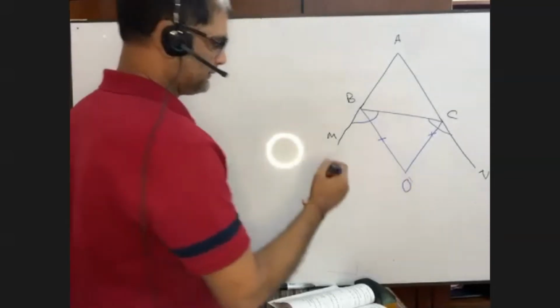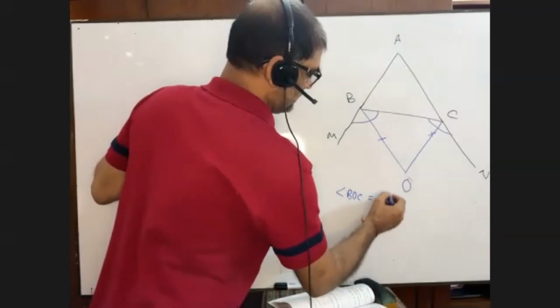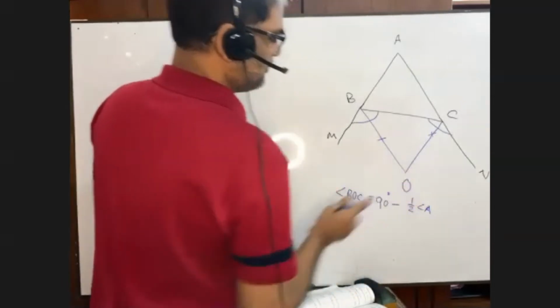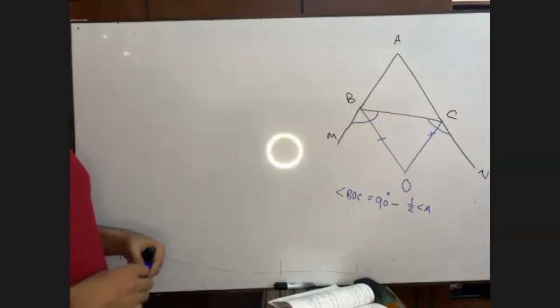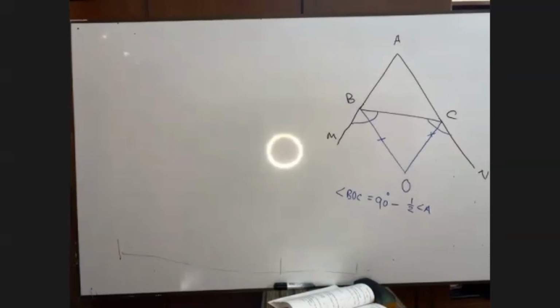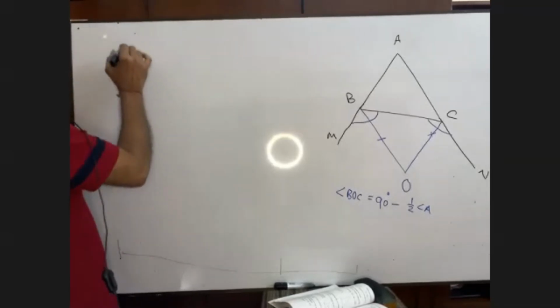We have to prove that angle BOC is equal to 90 degrees minus half of angle A. In this math, we have to prove this. Okay? Yes, sir. Okay, that's good.